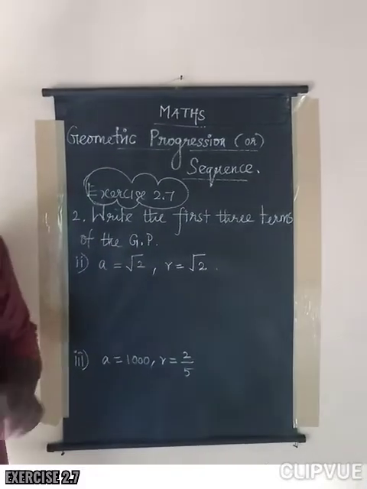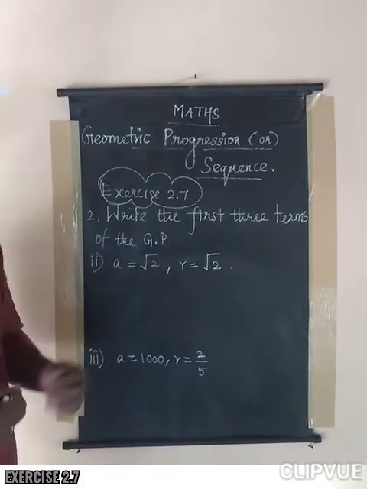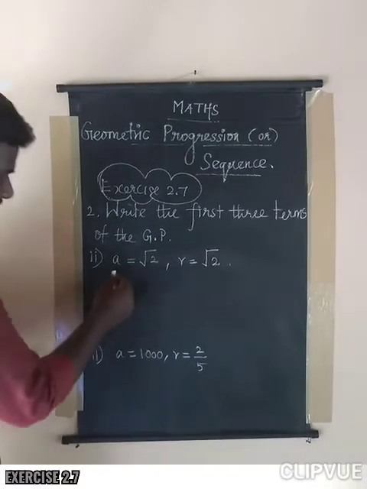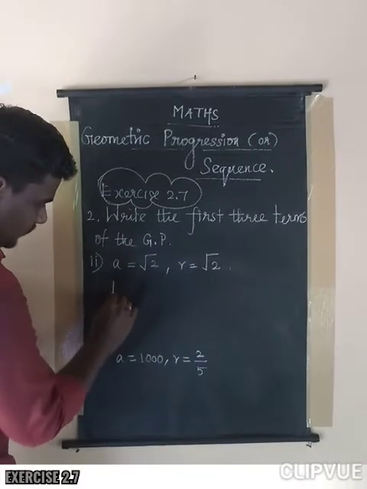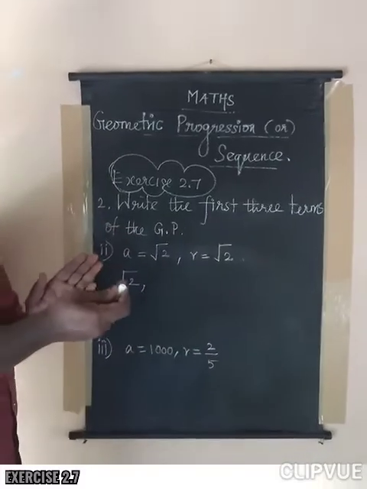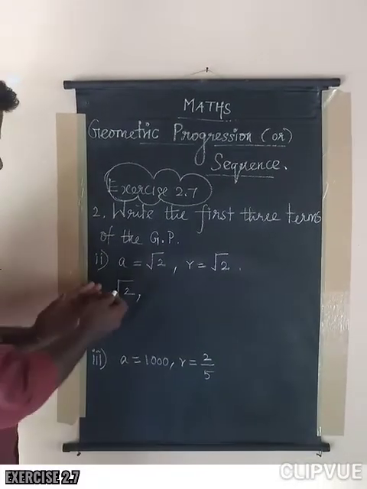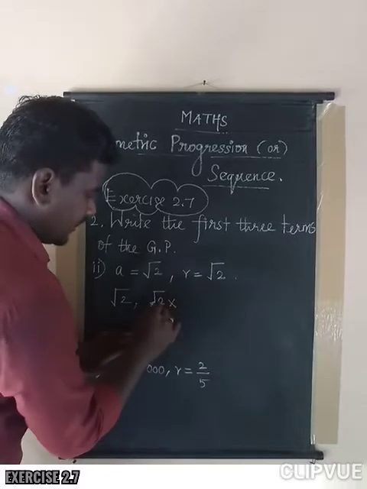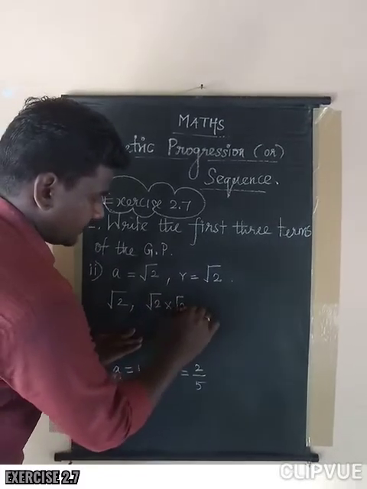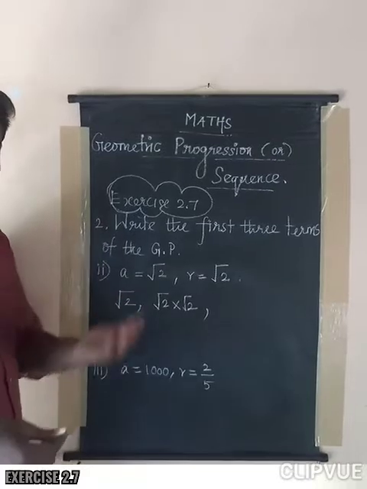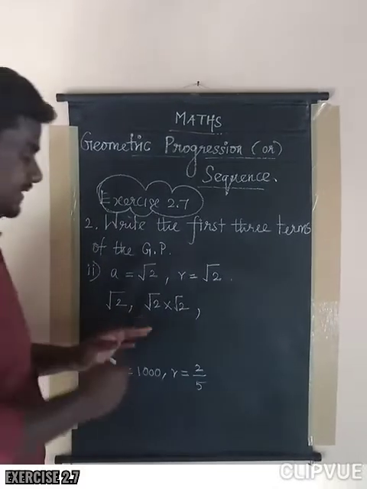Question number 2, second subdivision. A is equal to root 2 and the common ratio R is equal to root 2. You know that the first term is A, that is root 2. The second term will be obtained by multiplying the common ratio by the preceding term. The preceding term is root 2, so root 2 into the common ratio root 2. The third term will be obtained by multiplying the common ratio by the preceding term.